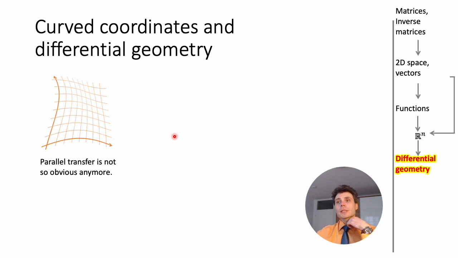In this context, it's convenient to examine what a curved space can be. So here is an abstract picture of a space which is not straight. The coordinates here are not Cartesian.